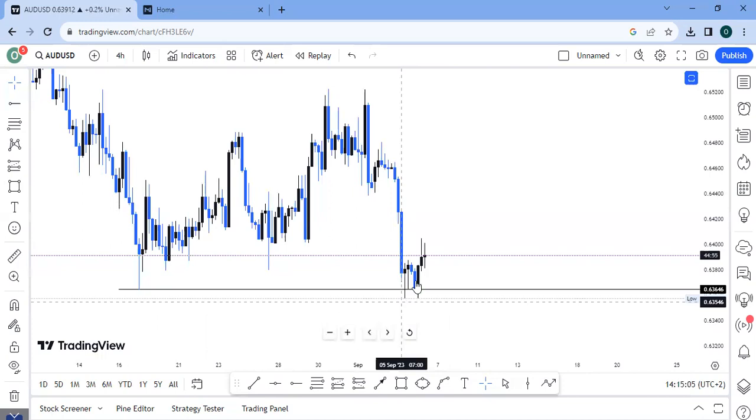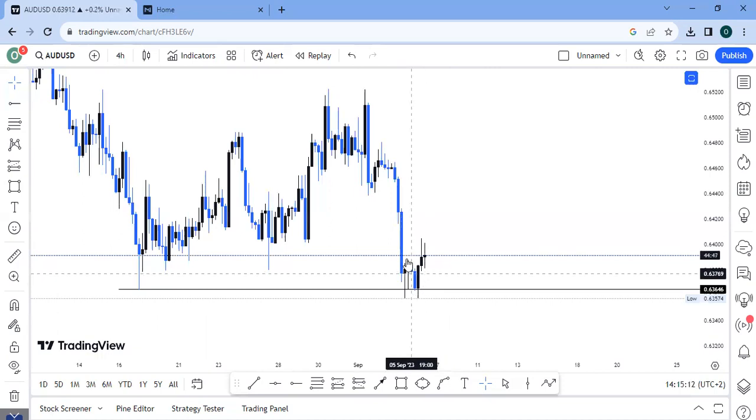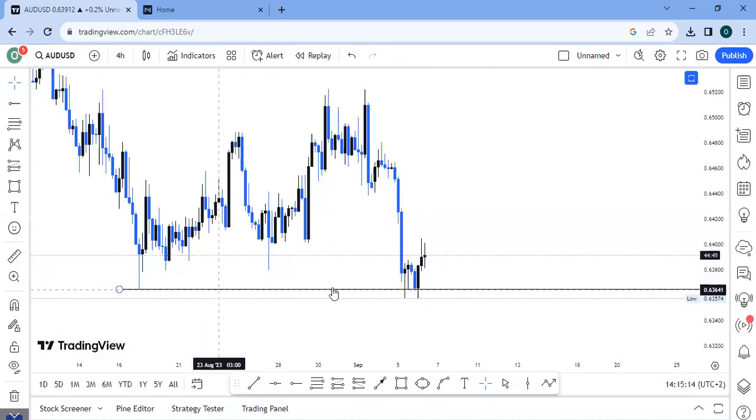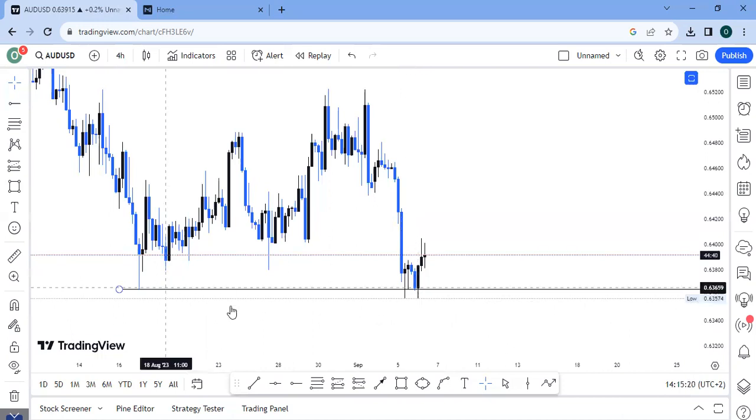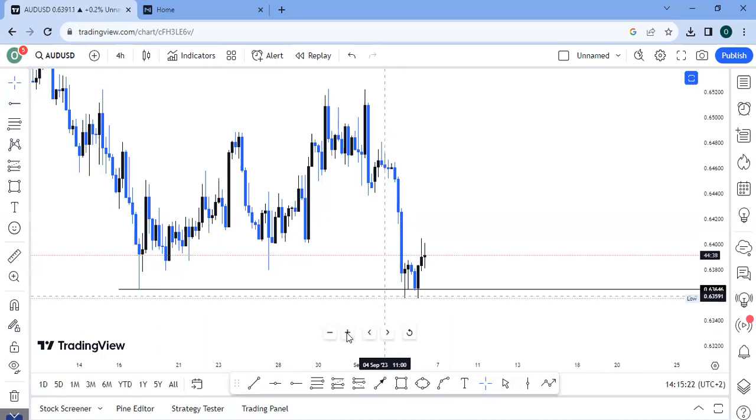One, two, three, four spikes into this low. Which tells me that the bears are failing to push price below this low, or to have a candle close below it. So there is a lot of buying pressure here.